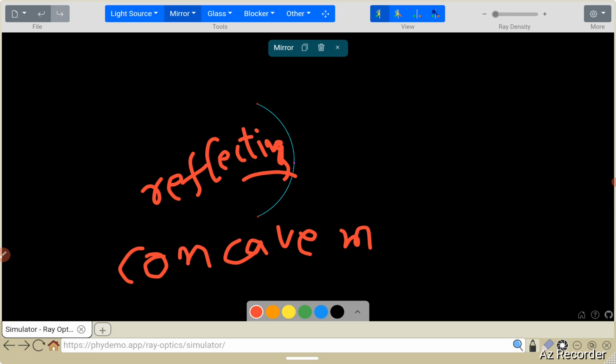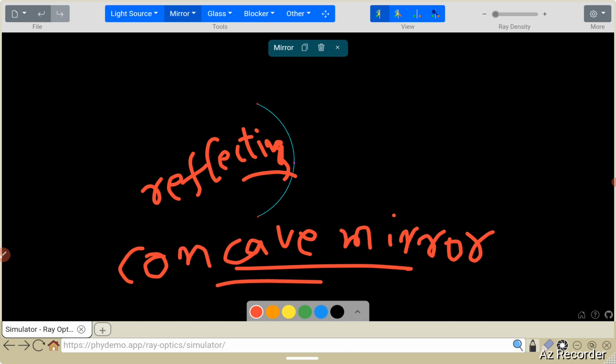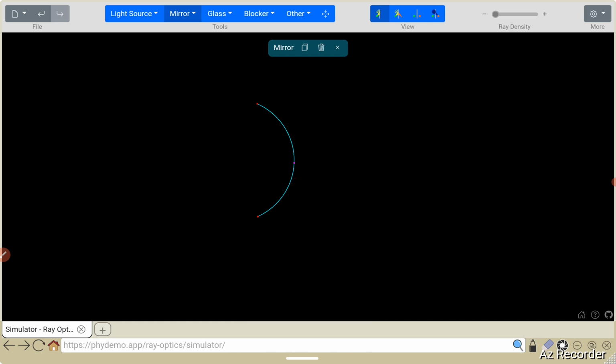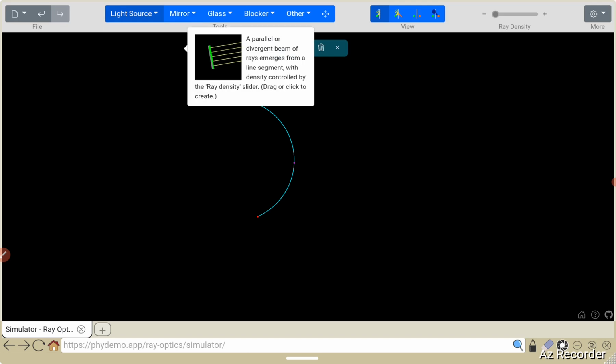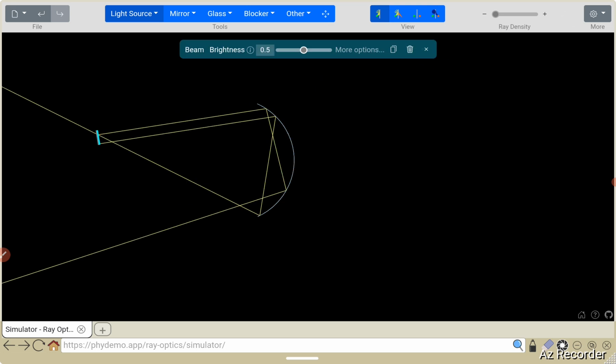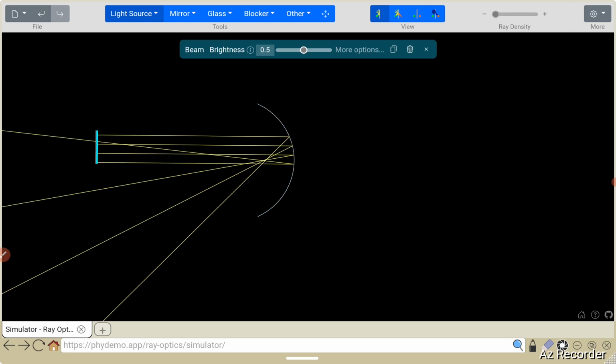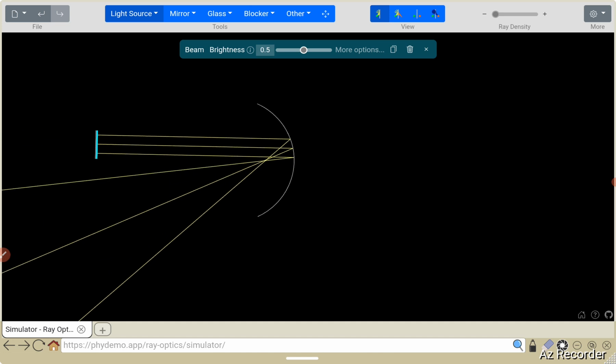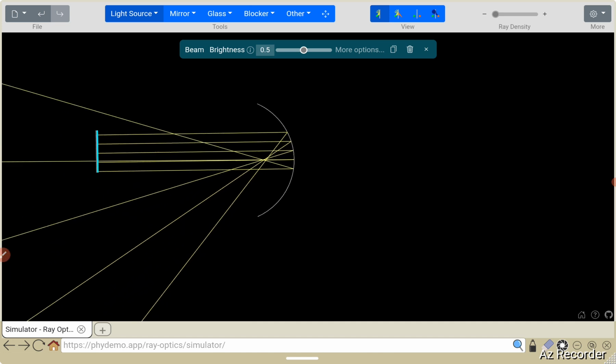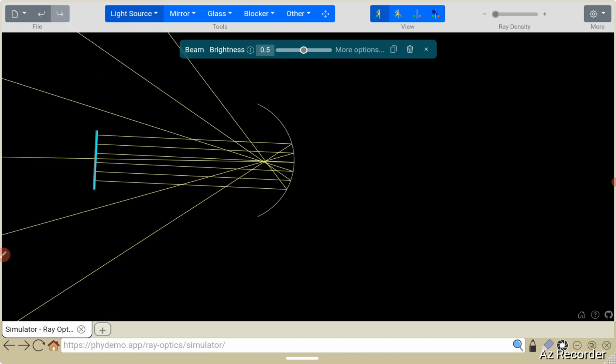Now, what is the concave mirror, why it is called a concave mirror, and the other name of the concave mirror we will see now. Let me take a beam falling on the concave mirror. See here how many light rays I have taken.